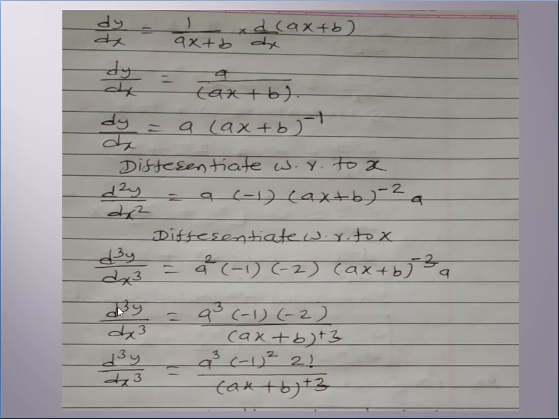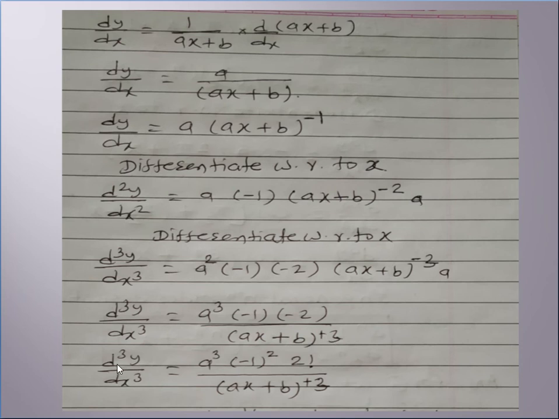Therefore, we get d cube y upon dx cube is equal to a square into a into minus 1 into minus 2, and (ax + b) raised to minus 3 can be written as 1 upon (ax + b) raised to plus 3.